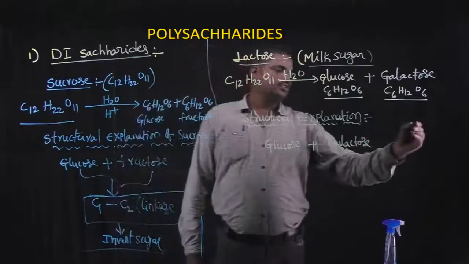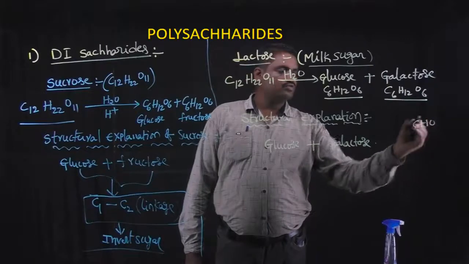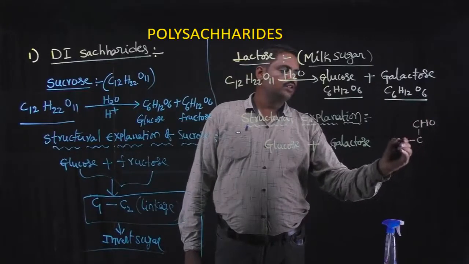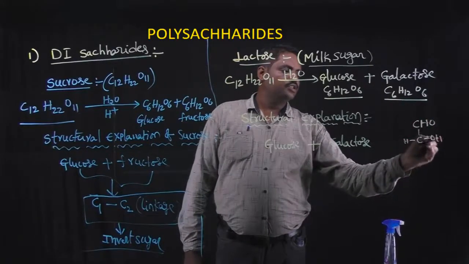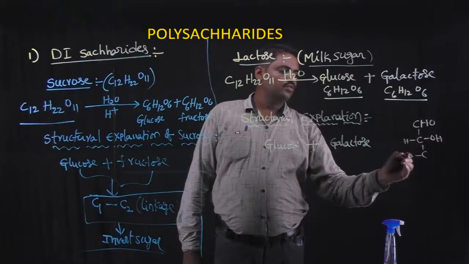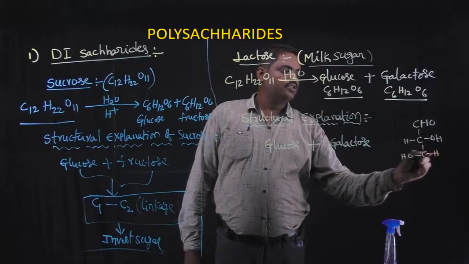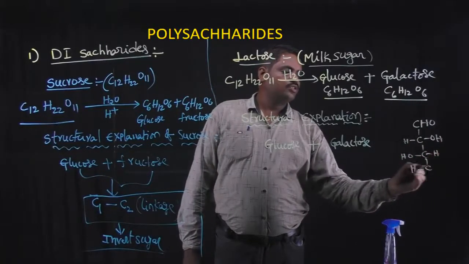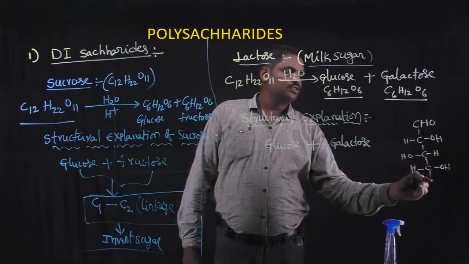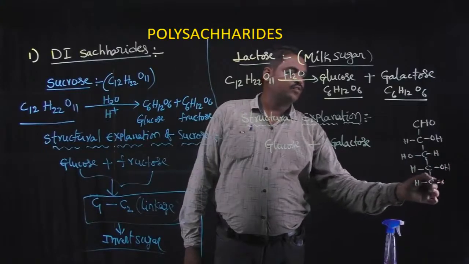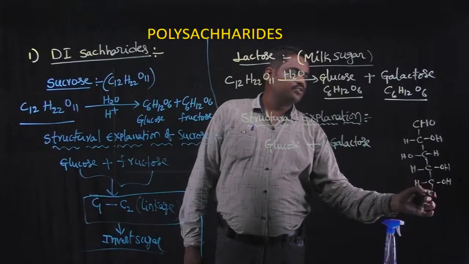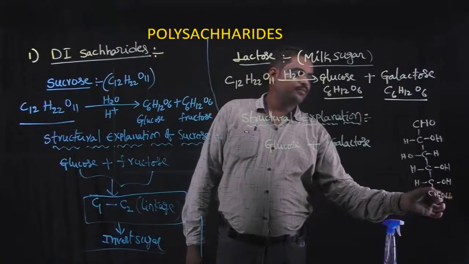So generally the structure of glucose is CHO, CHOH, COH, H, C, H, OH, C, H, OH, CH2OH.